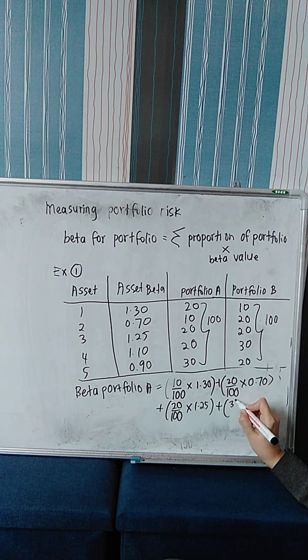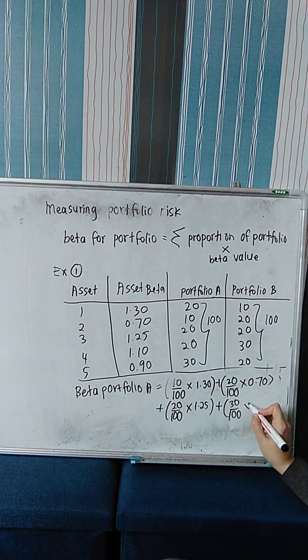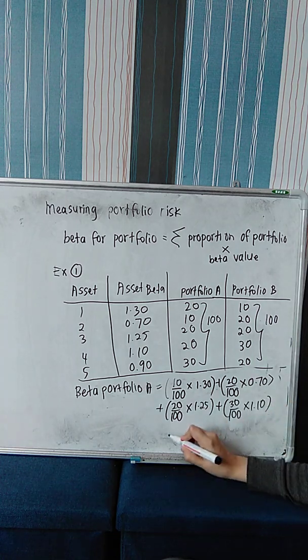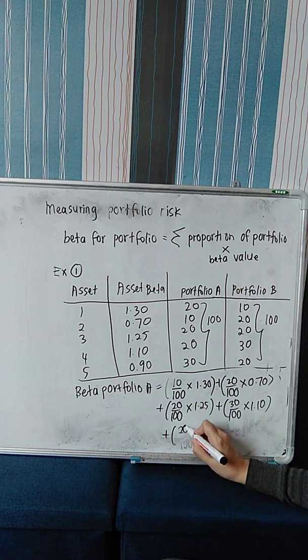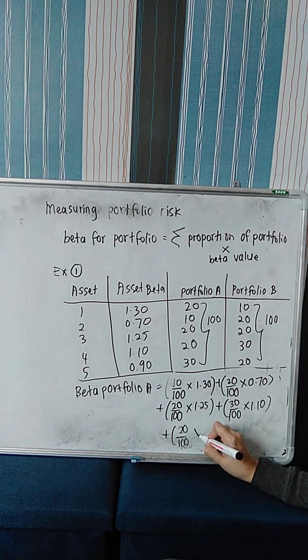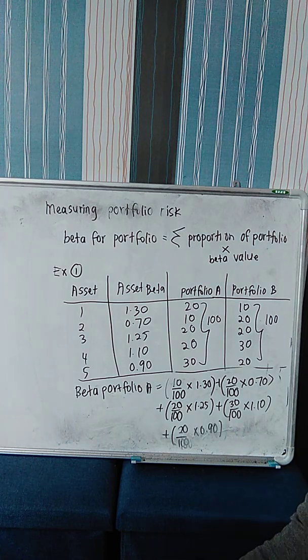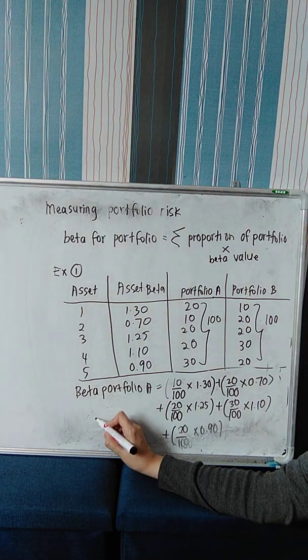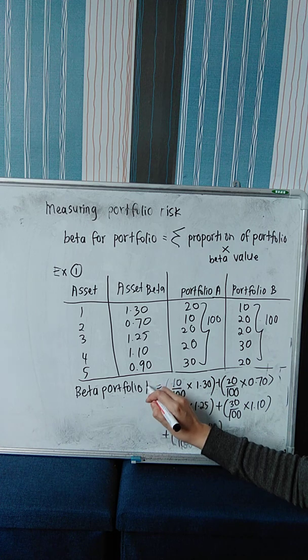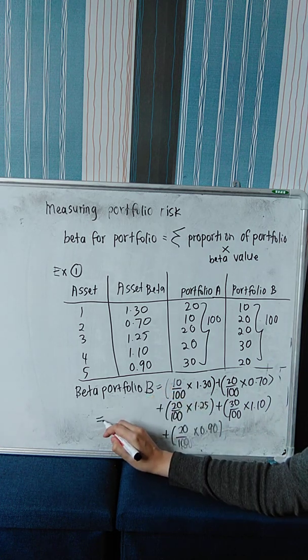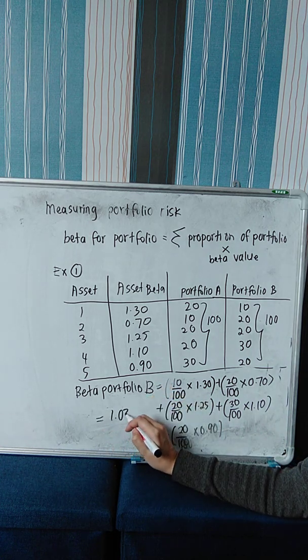Next, 30, you divide 100, you times 1.10. And the last, you use 20, you divide 100, you times 0.90. Okay, after you are done calculating, here is portfolio B, equal to 1.03.